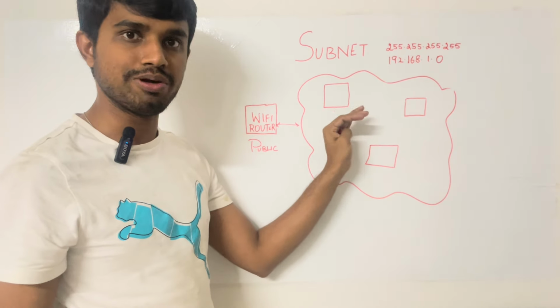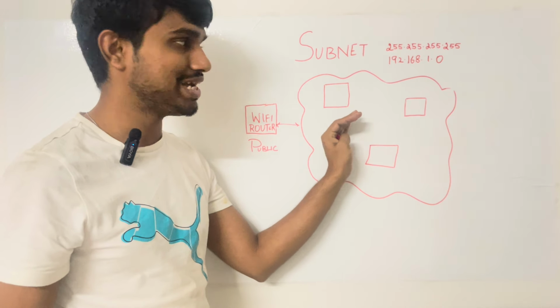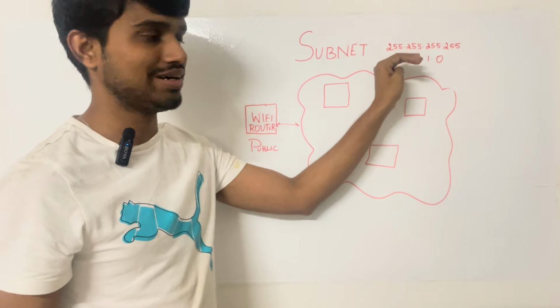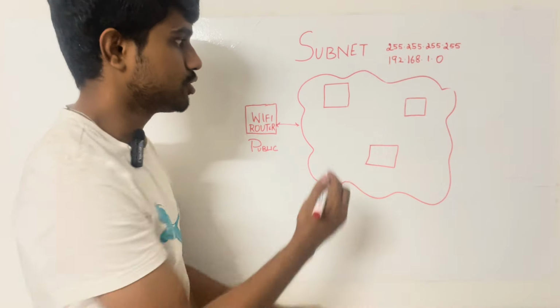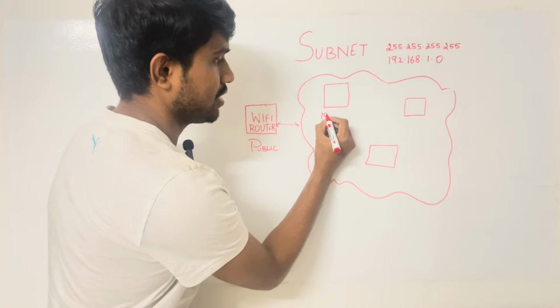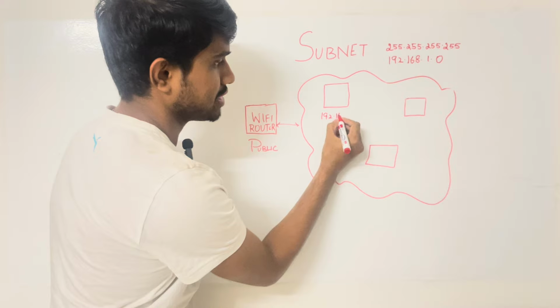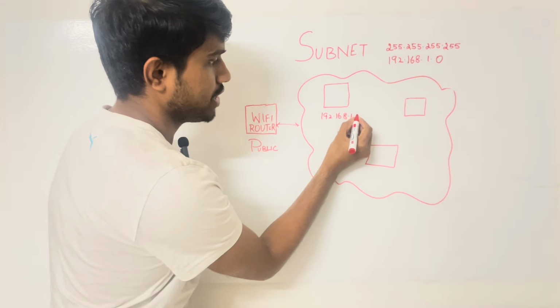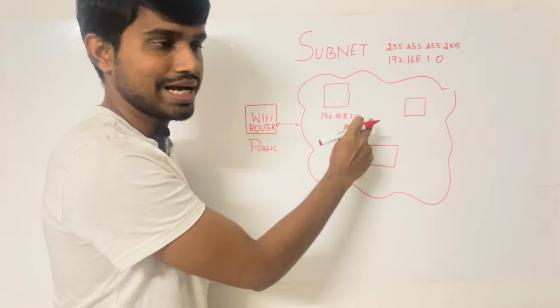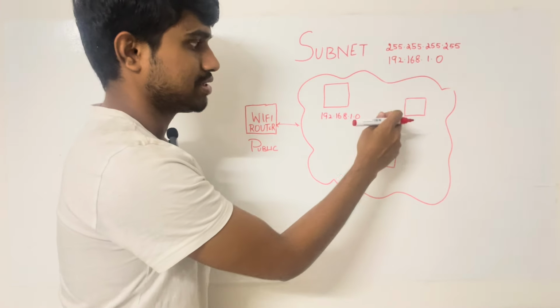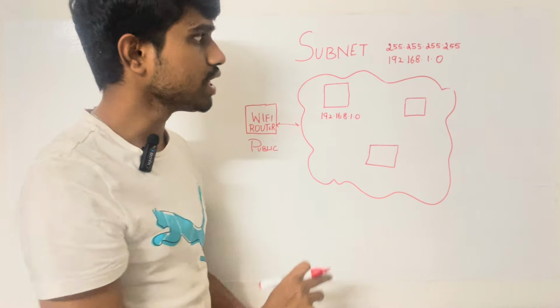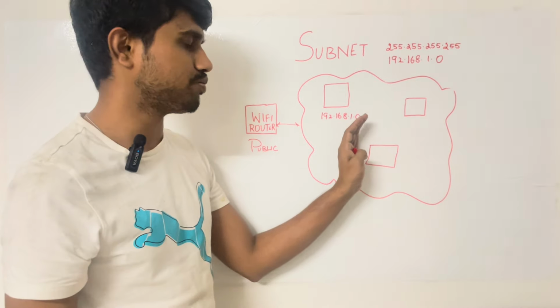Each private network can have this range of IP addresses in it. So you can assign 192.168.1.0 to this device, 1 to this device, 2 to this device. This is your house setup, which is small.